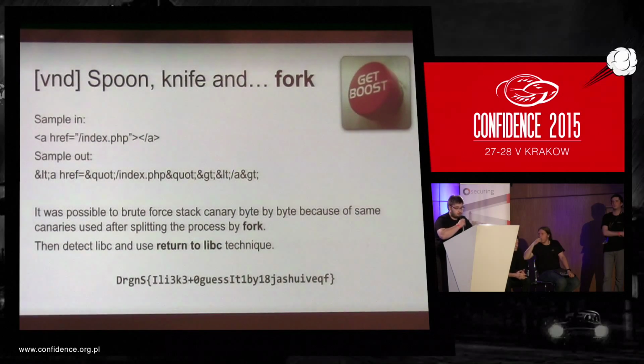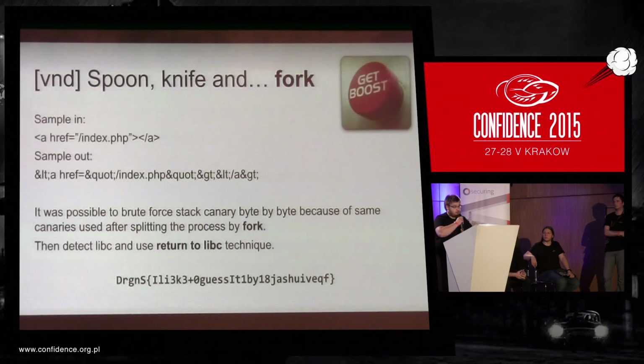The solution to this one was to brute force the stack cookie byte by byte, just by connecting over and over again, because this server forked, and each child of the parent process has the same memory layout.